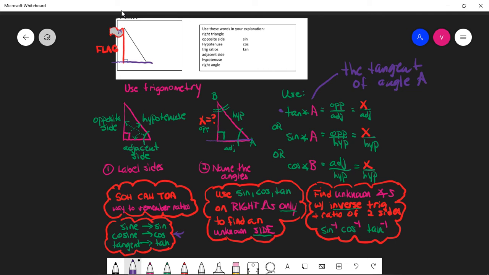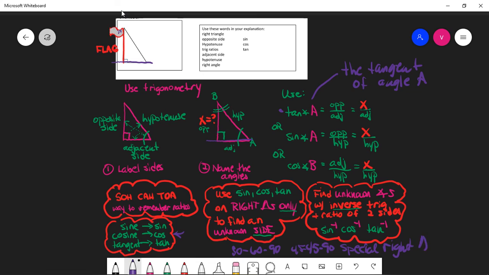And you can just explain, you use the regular sine, cosine, and tangent functions on right triangles only, right? They're only for right triangles. You could say something about, we learned about special rights, 30-60-90, and 45-45-90, right? Those are the special rights.